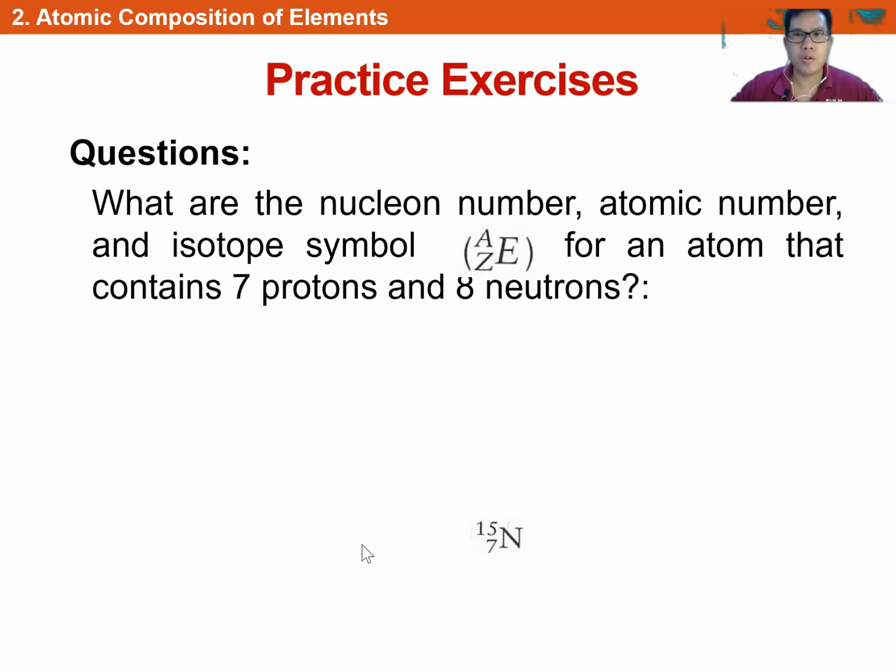Okay, what are the nucleon number, atomic number, and isotope symbol for an atom that contains 7 protons and 8 neutrons? This is very similar to the questions just now. First find out what element has 7 protons, then after that you add in the symbol and so forth. Alright, let's try here.